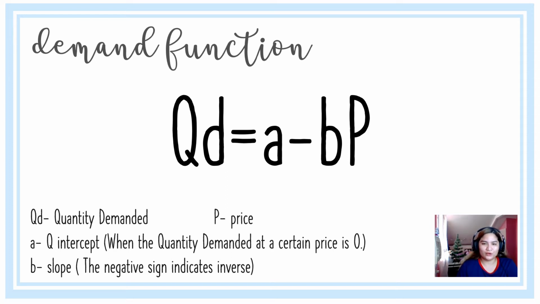For QD, that is the quantity demanded. A, that is the Q or the x-intercept, which means the quantity demanded when the price is set as 0. And then B, this is the slope, the negative slope, or the inverse slope. And lastly, we have P, which is price.